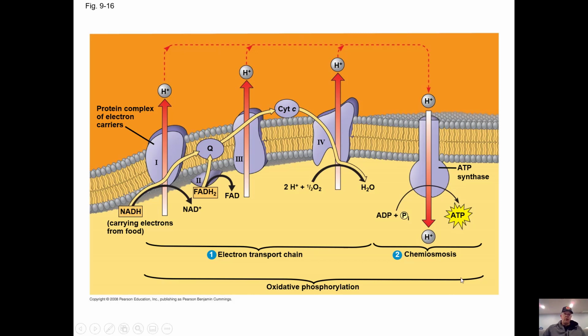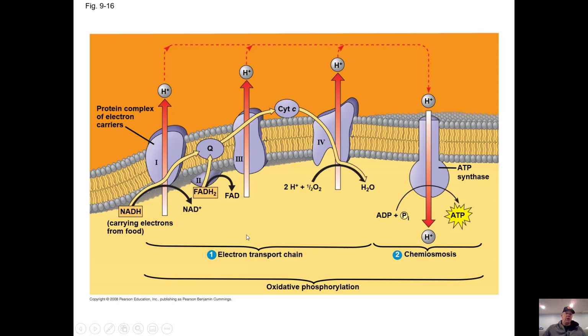All right. So up top here is the intermembrane space. Below here we have the matrix of the mitochondria, and there's a handful of proteins here. We call that the electron transport chain, and it's used to move electrons from one point to another.